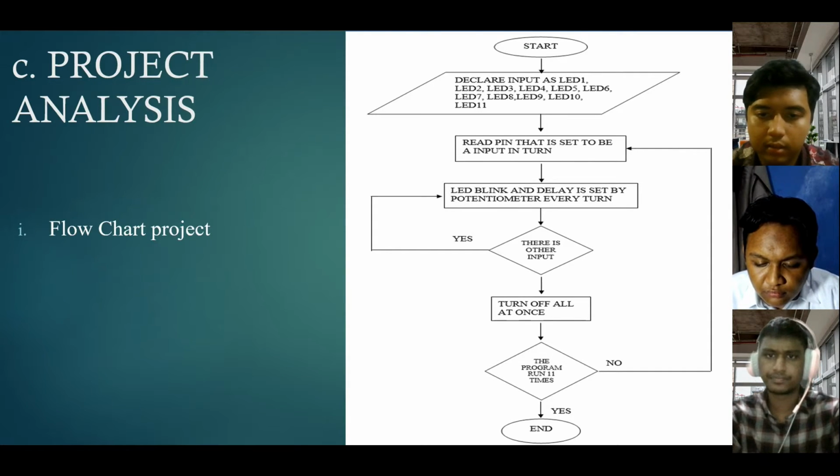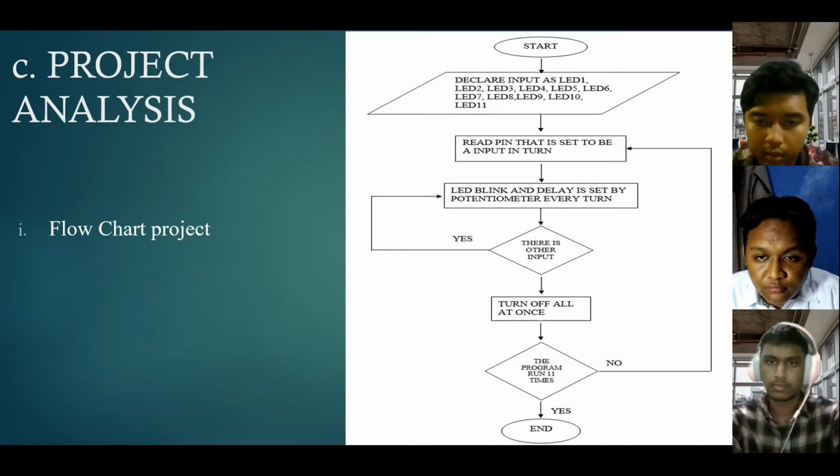Is there other input? If yes, go to step 3 and then turn off all at once. And then the program runs 11 times. If no, go to step 2. If yes, the program will end.